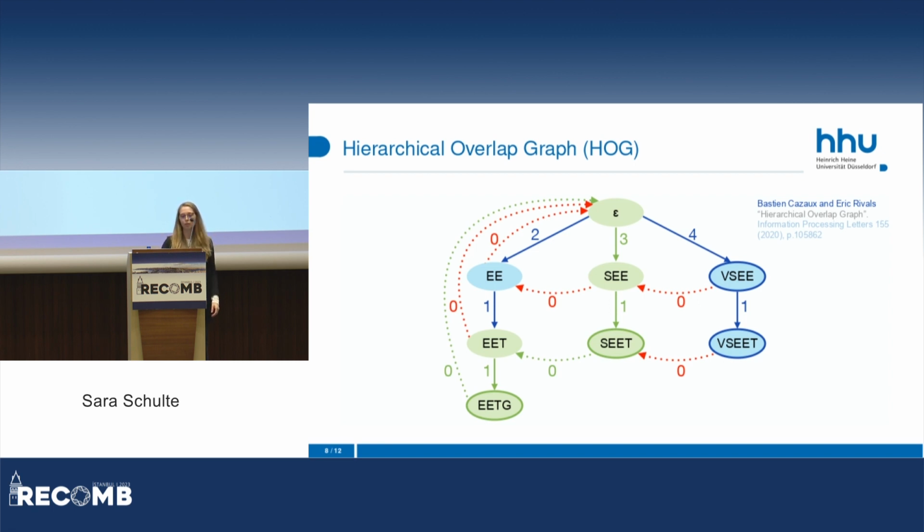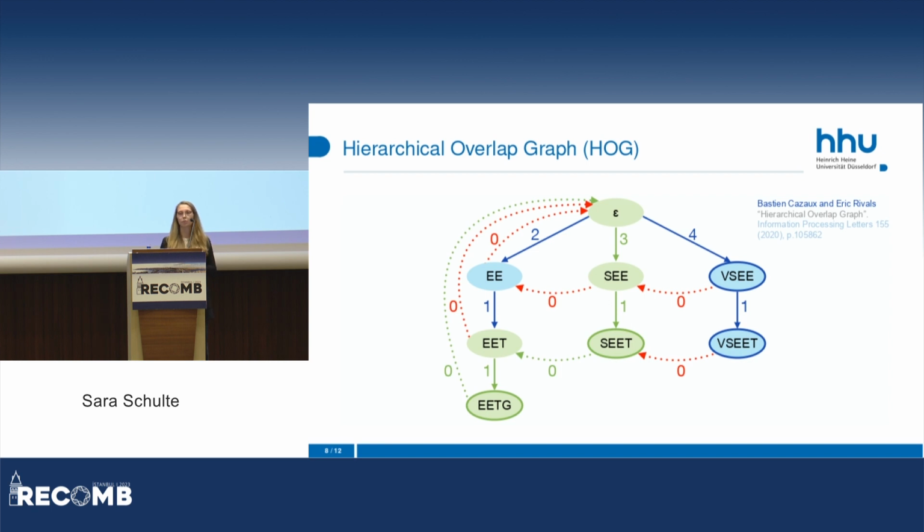And now to compute a maximum scoring k-Superstring, we would search for a walk through this hierarchical overlap graph, again starting at the root node. This walk should not exceed our given limit of k, and the selection of peptides we are visiting should again maximize population coverage.